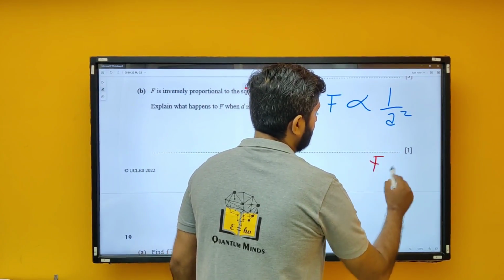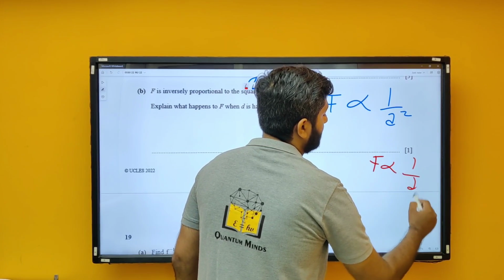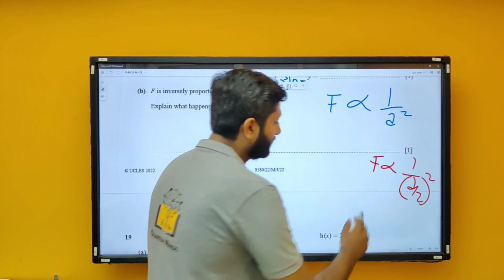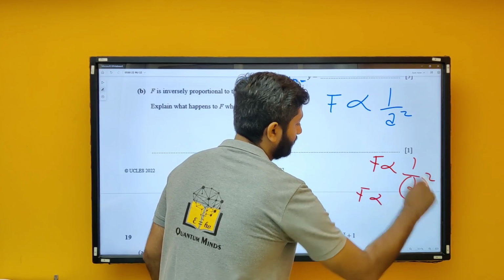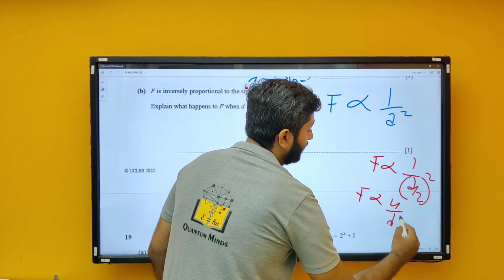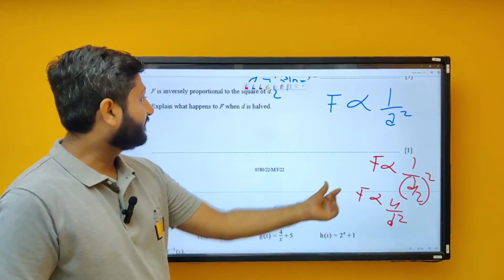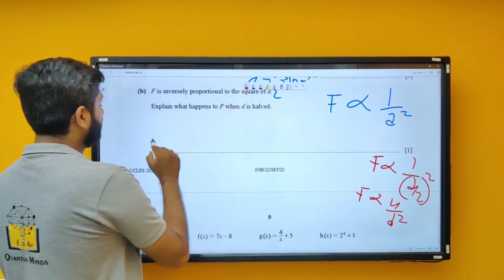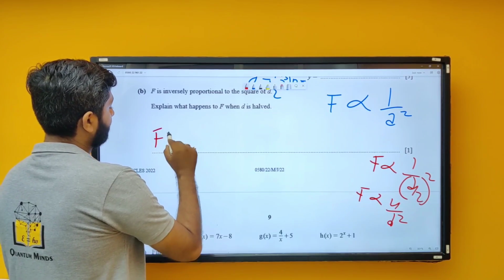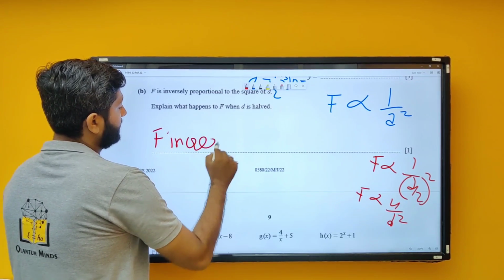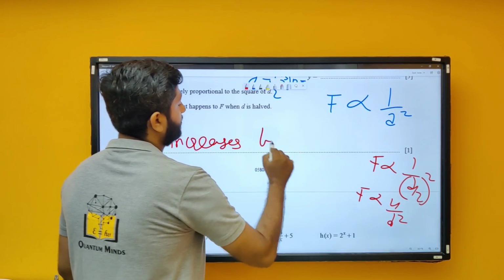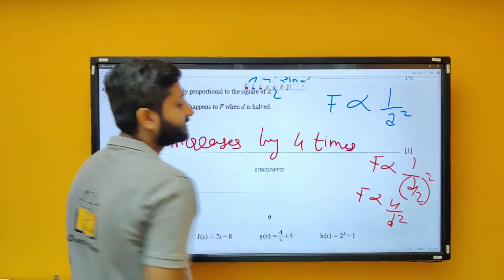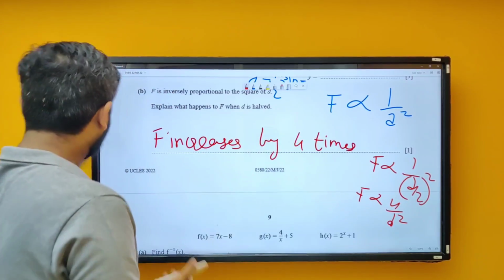F is proportional to 1 over d by 2 square, that is nothing but F proportional to 4 by d square. So what do you see is the value of F increases by 4 times. So F increases by 4 times, right?